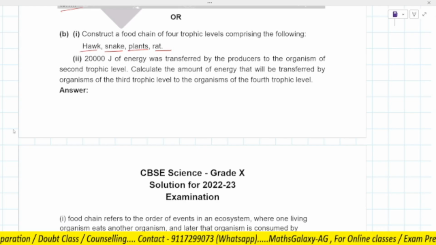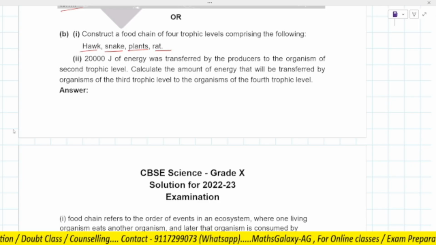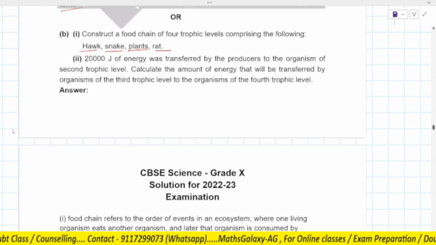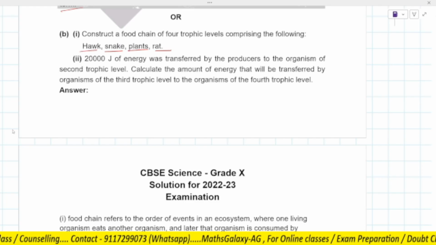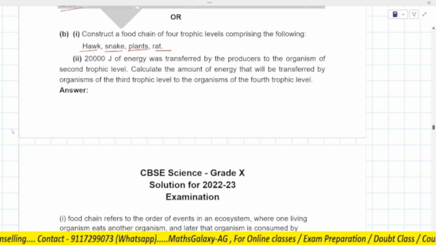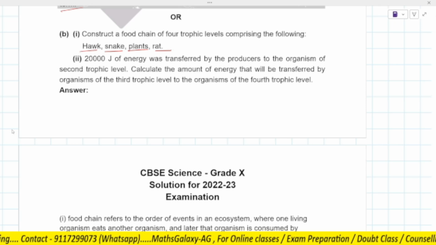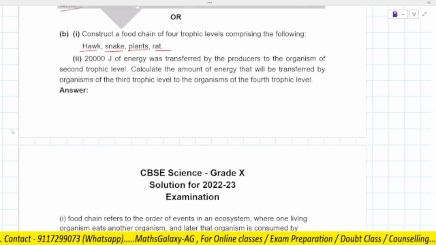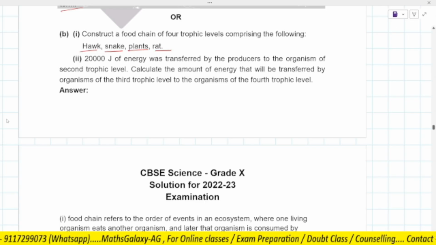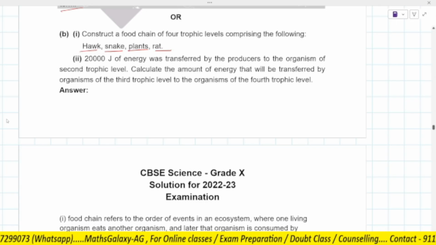When it goes from a lower to a higher trophic level, it will decrease by 10, and in the numerical we have to just divide it by 10, right? And when we come downwards from a high trophic level to a low trophic level, it is increased by 10 times.